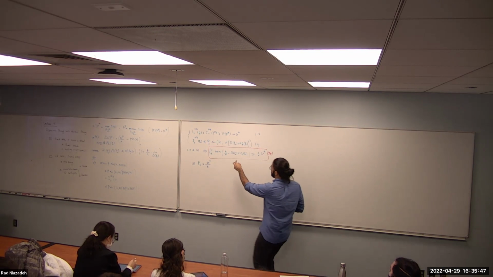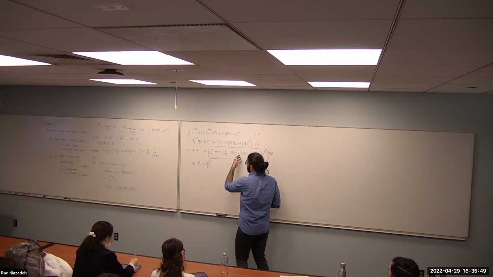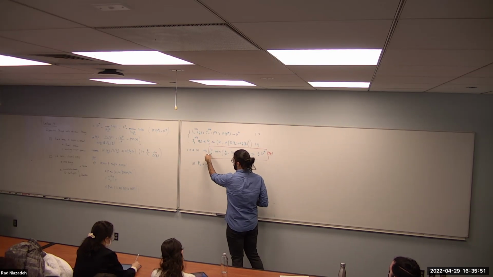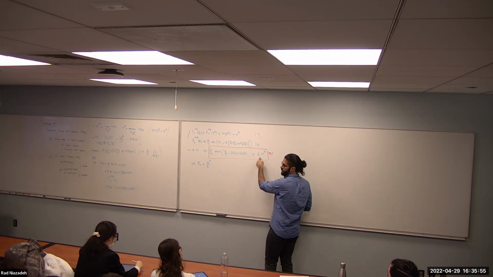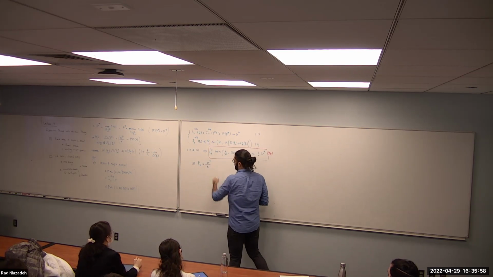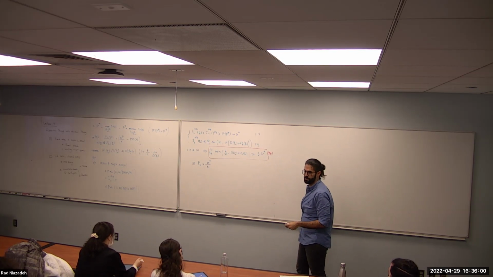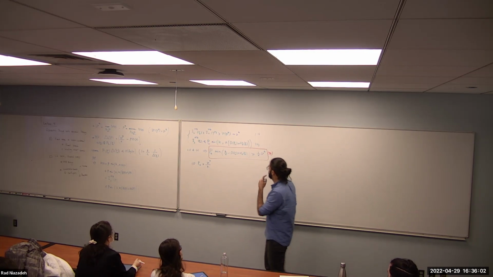Why is that? This left-hand side is at most K over N times p_t. So if p_t times K over N is greater or equal than V star divided by N, the N cancels, so p_t is greater or equal than V star divided by K. That's one consequence.